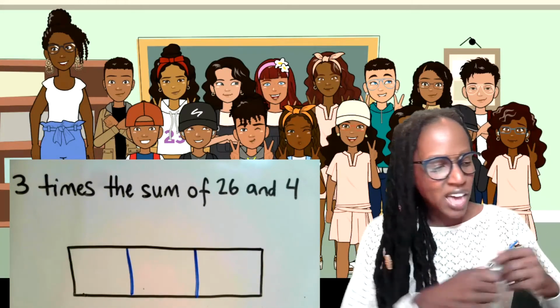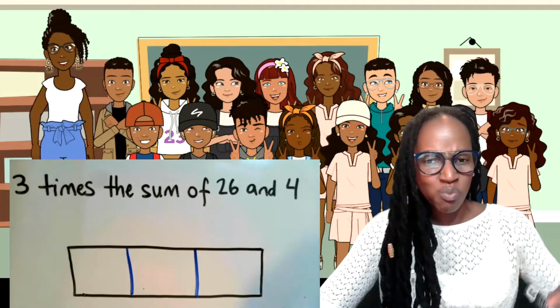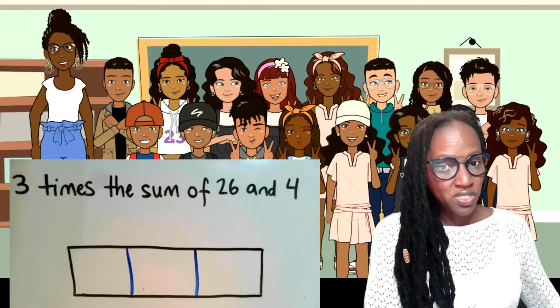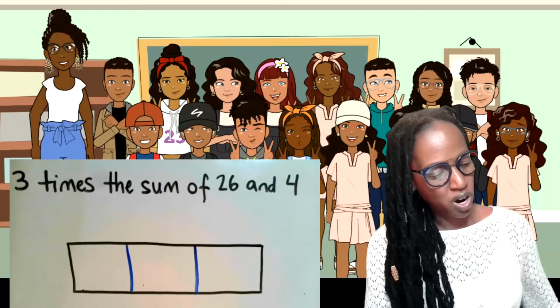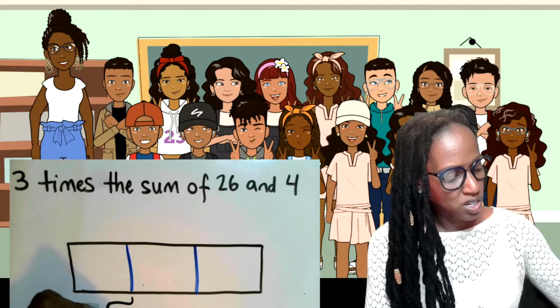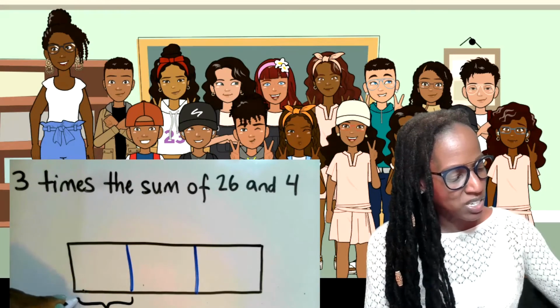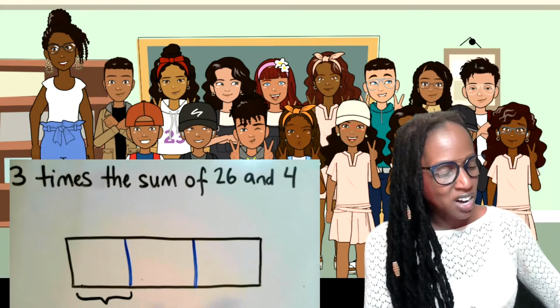Now, I've represented that with my tape diagram, but what exactly do they mean, the sum of 26 and 4? Well, one of these units, if I have 3 times that, that means I probably have 3 of these items.